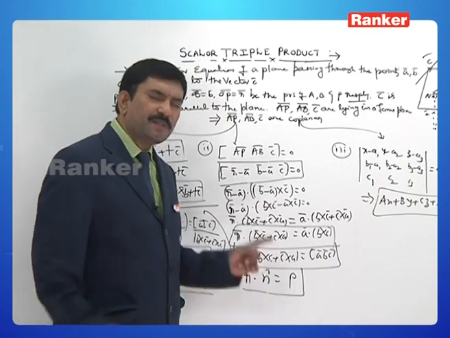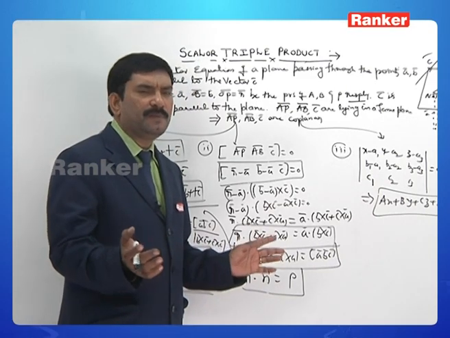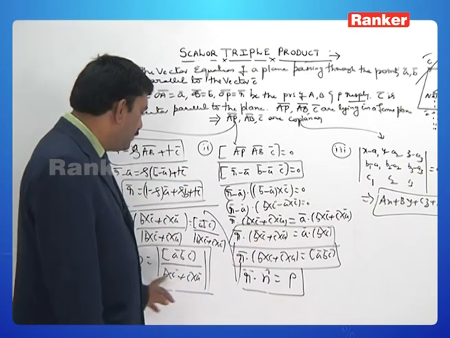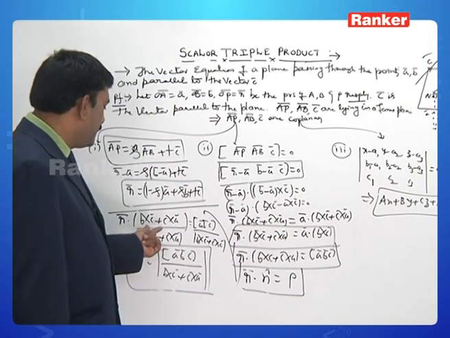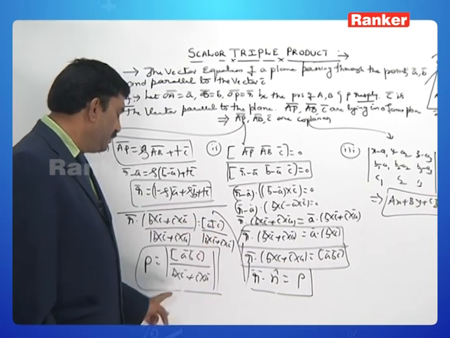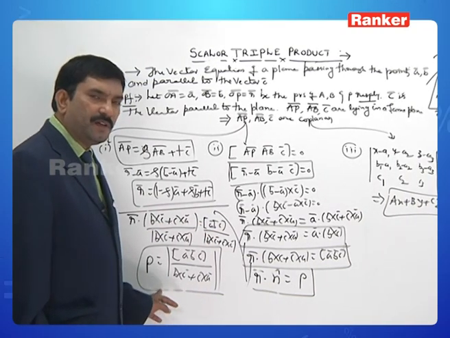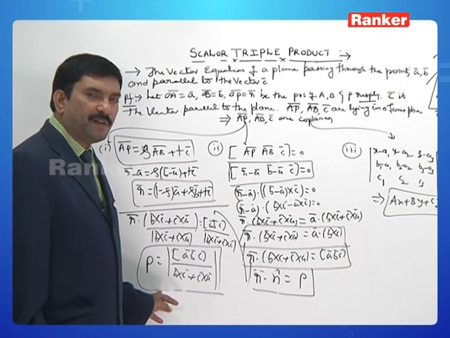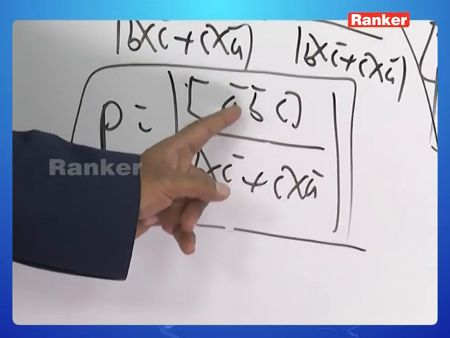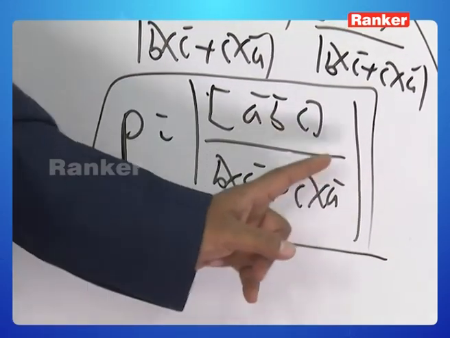Multiply means 1 by modulus of B cross C plus C cross A. Divide means modulus of B cross C plus C cross A on both sides. So I have expressed it in the form of R bar dot n cap is equal to what? P. P is nothing but the perpendicular distance from the origin to the plane passing through 2 points A bar comma B bar and parallel to vector C bar, is modulus of box of ABC by modulus of B cross C plus C cross A.